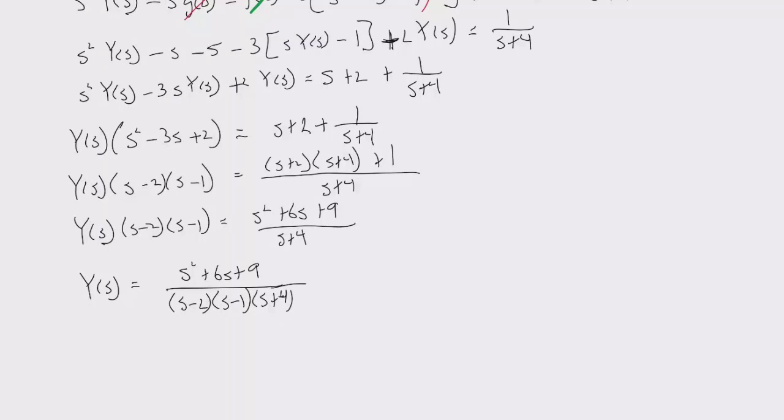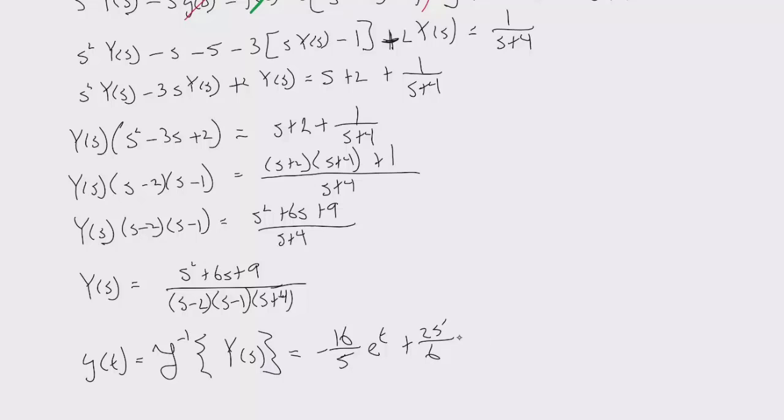But the point being is that I want to do an inverse transform at this point. So my function is the inverse Laplace of this y of s, which, again, based on our earlier results, would be negative 16/5 e to the t plus 25 over 6 e to the 2t plus 1 over 30 e to the negative 4t.